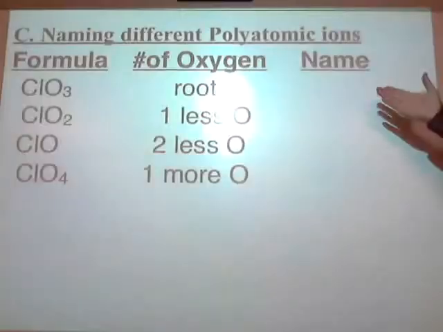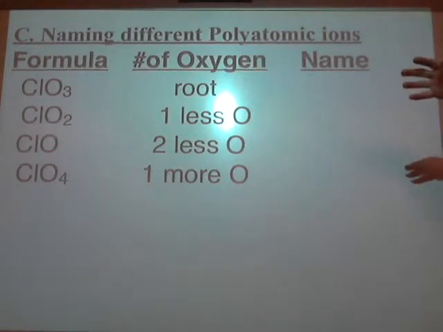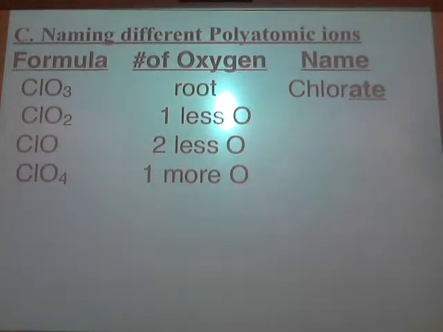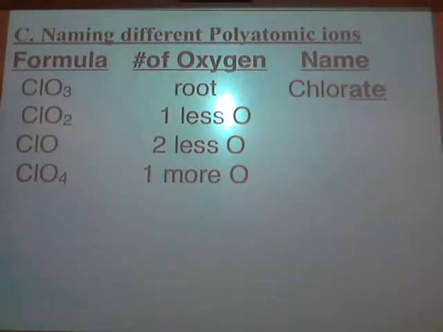Everybody knows how to name the first one. What's it called? No, there's no sodium in front of it. Just chlorate. This is the chlorate ion. And underline the ATE. That's what's going to change, the suffix. By the way, good point, what Marvin said there.